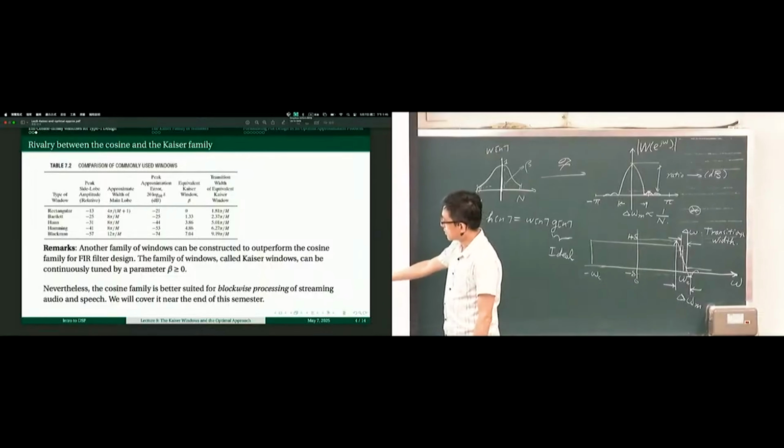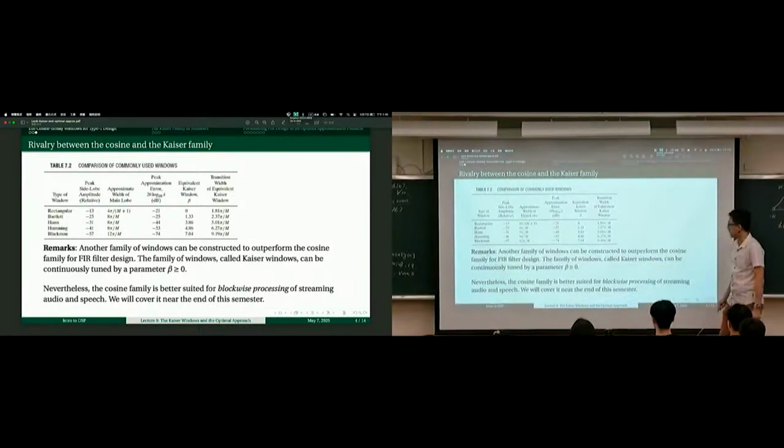But it turns out that the cosine family is better suited for another purpose, in another context which we are not going to talk about today: processing your signal using blocks. The application could be streaming audio or speech over the internet, for example.